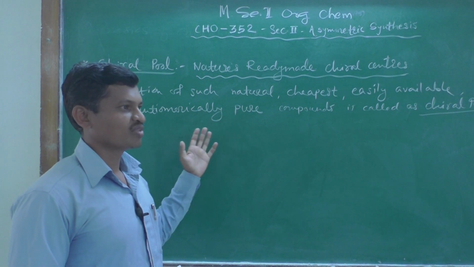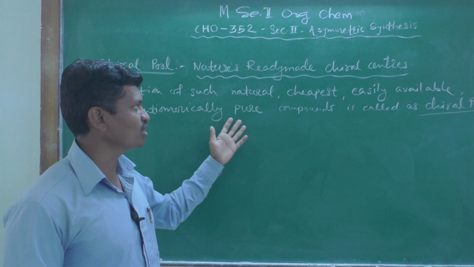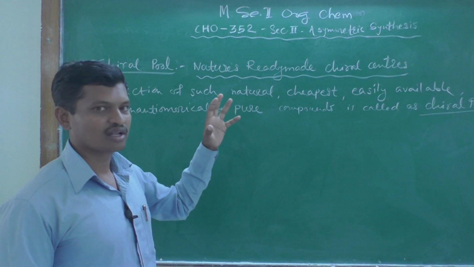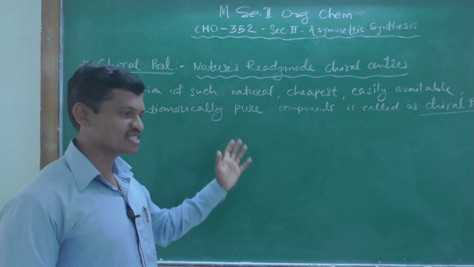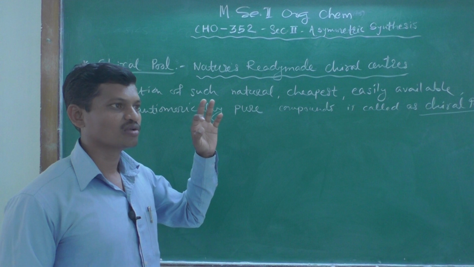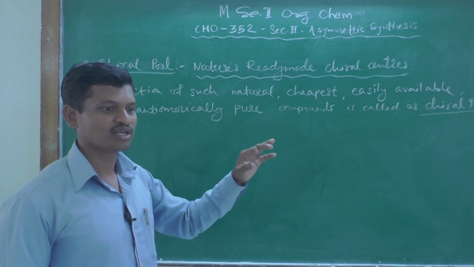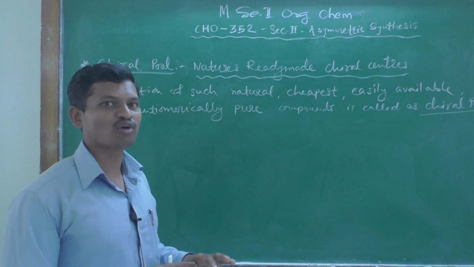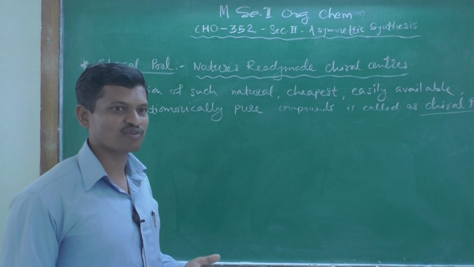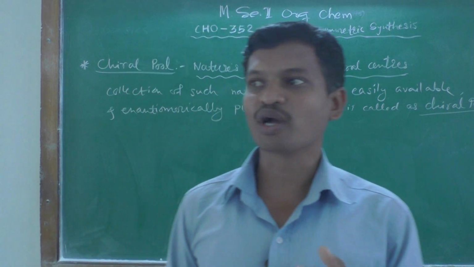So that's why when we start our reaction with such enantiomerically pure and naturally occurring starting materials, it results in the formation of enantiomerically pure product, giving a single enantiomer, and there is no formation of a racemic mixture. So that's why we are getting an enantiomerically pure compound.